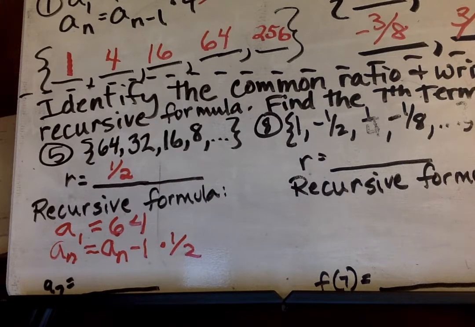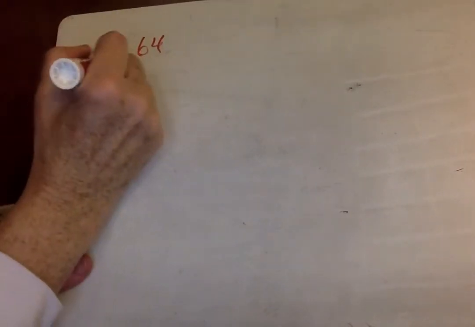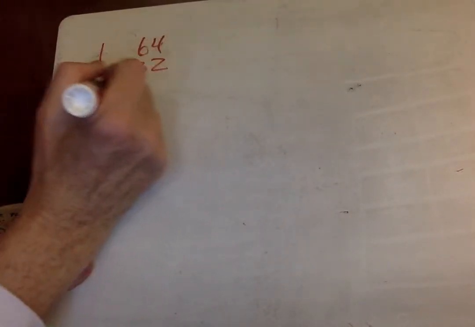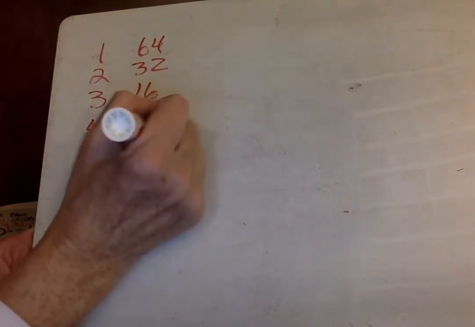Okay, so I ran out of room here, so I'm going to put it over here. We have our first 4. The first one is 64. Second one is 32. Third is 16. Fourth is 8.